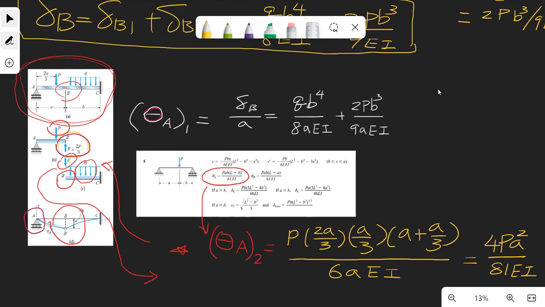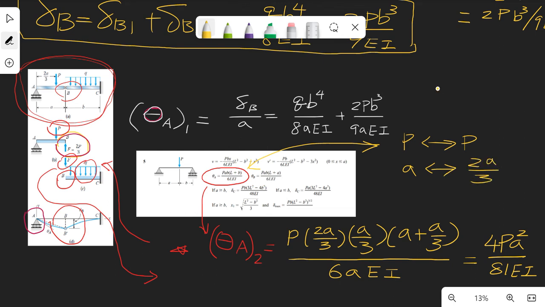I think it's better I replace for you, otherwise you cannot understand very well. We just do some replacement. P is a similar P, so this is the same. In this case, A you need to replace by 2A by 3.